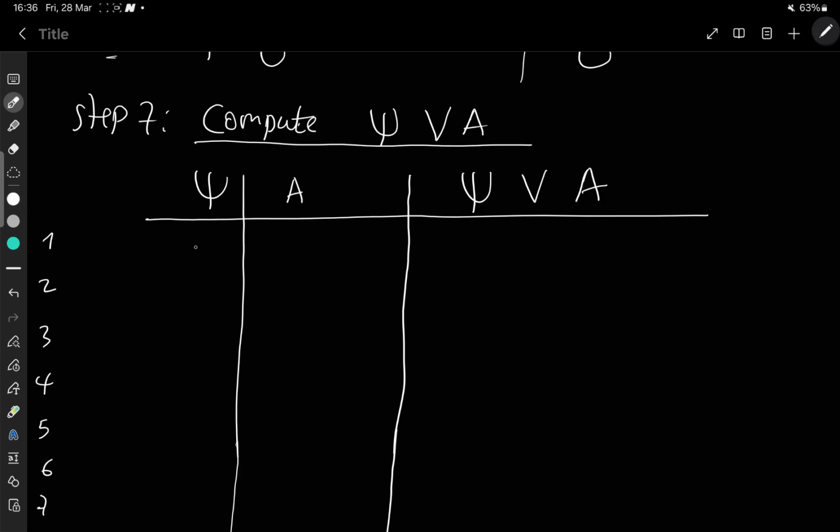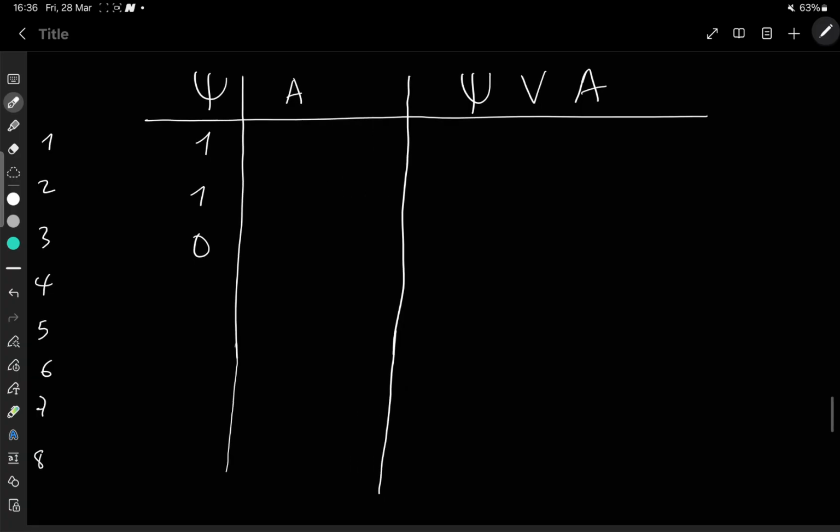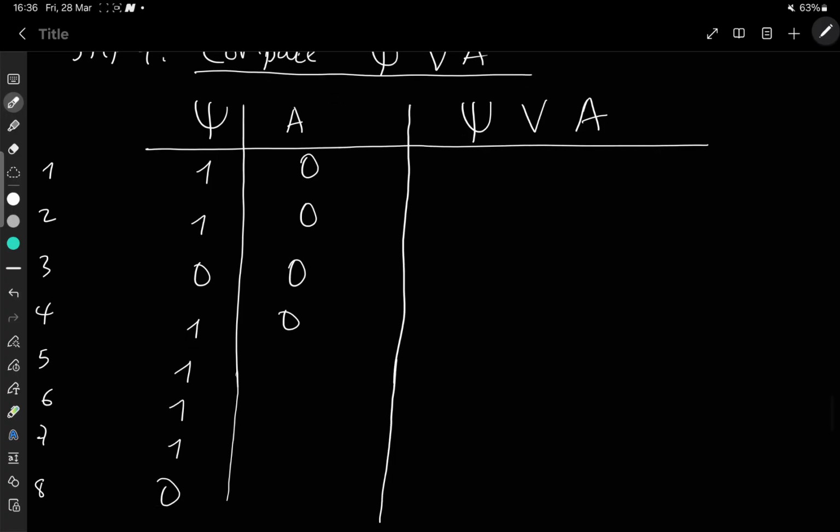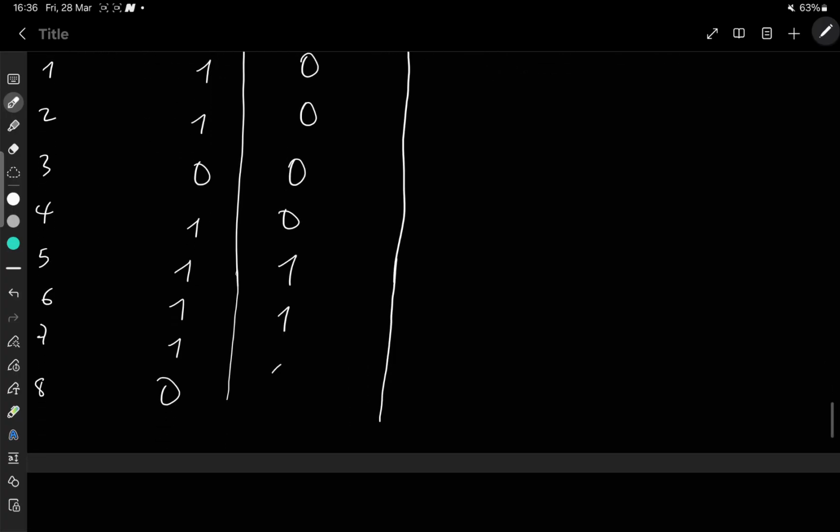So from our previous table, we have psi to be 1, 1, 0, 1, 1, 1, 1, 0. Then A is 0, 0, 0, 0, and then 1, 1, 1, 1.